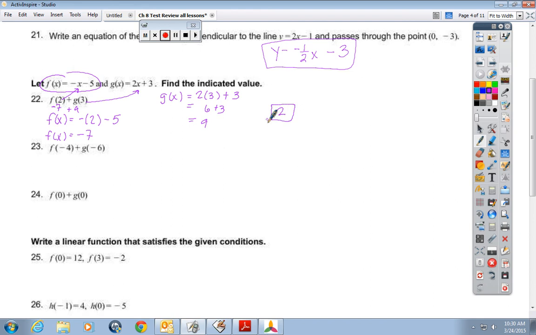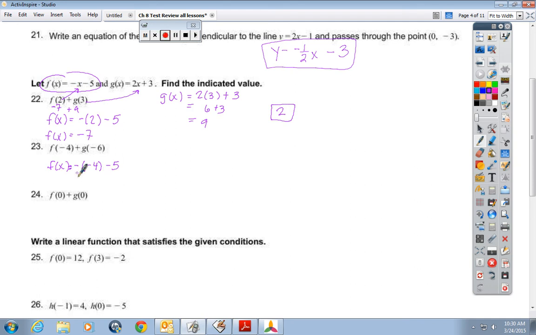So we're going to do the same thing here, except now I'm going to replace x here with negative 4. So what's the opposite of negative 4? Positive 4. And then what's 4 minus 5? Negative 1 for that one.